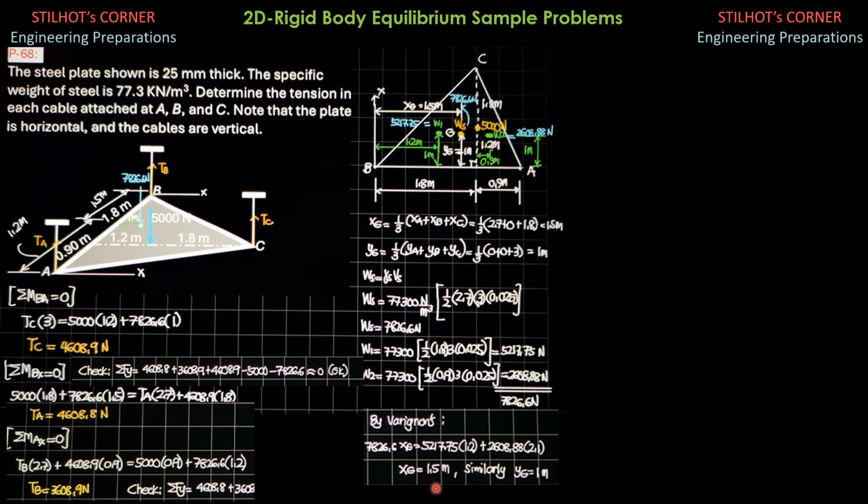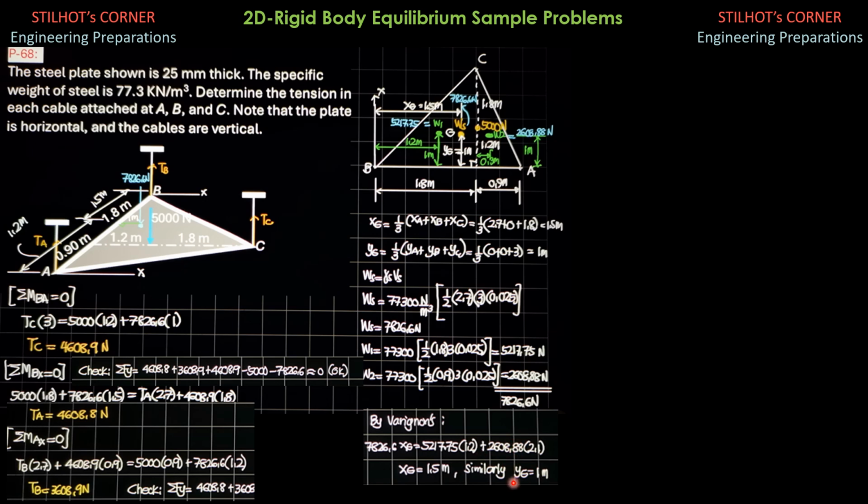So 1.5. Then if you apply Varignon's for yg, you have weight times yg equals weight 1 times 1 meter, that's 1/3 of 3, plus weight 2 times also 1 meter, because the height is common for the two right triangles.